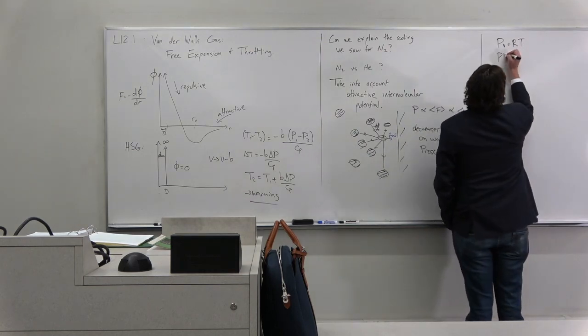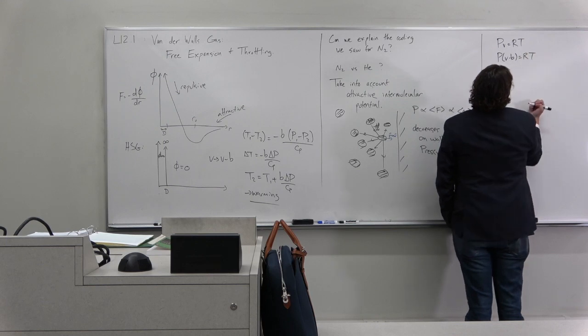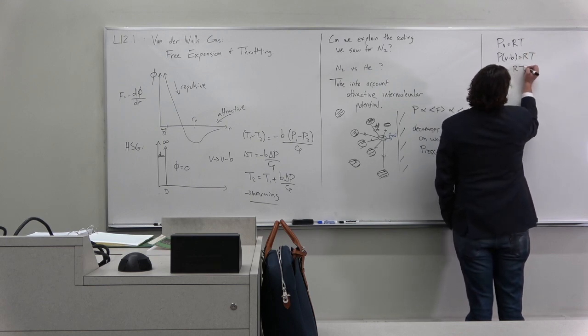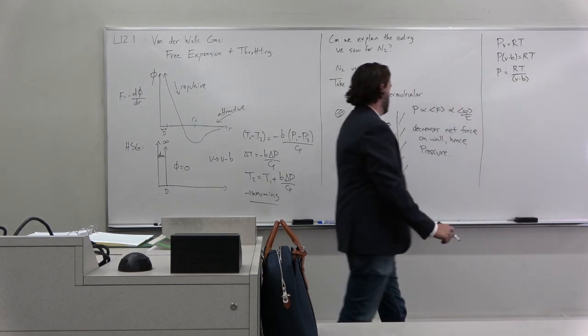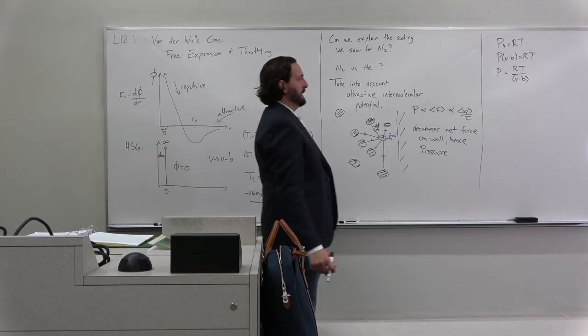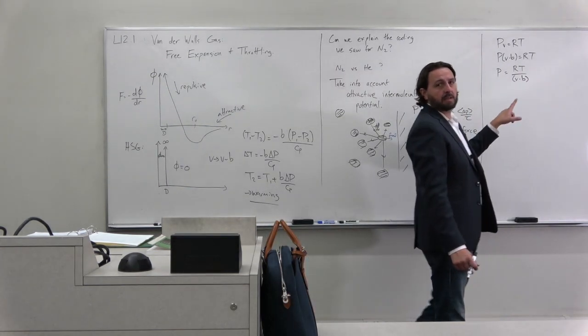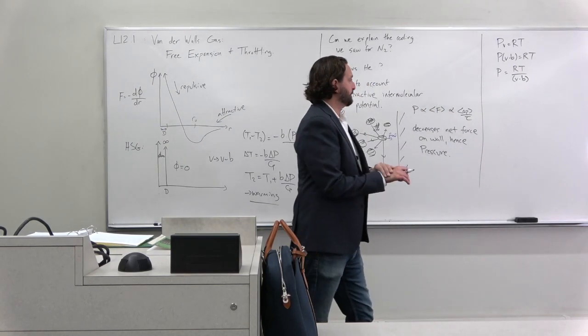And then we had our P(V minus b) equals RT. But I want to write this in terms of the pressure. So this is RT over V minus b. And so you can see it's got this 1 over V dependence on the volume.